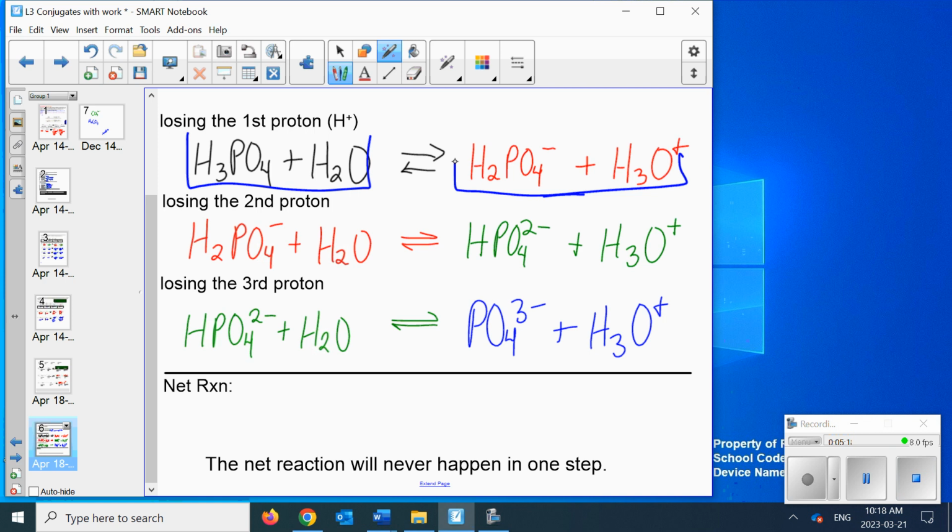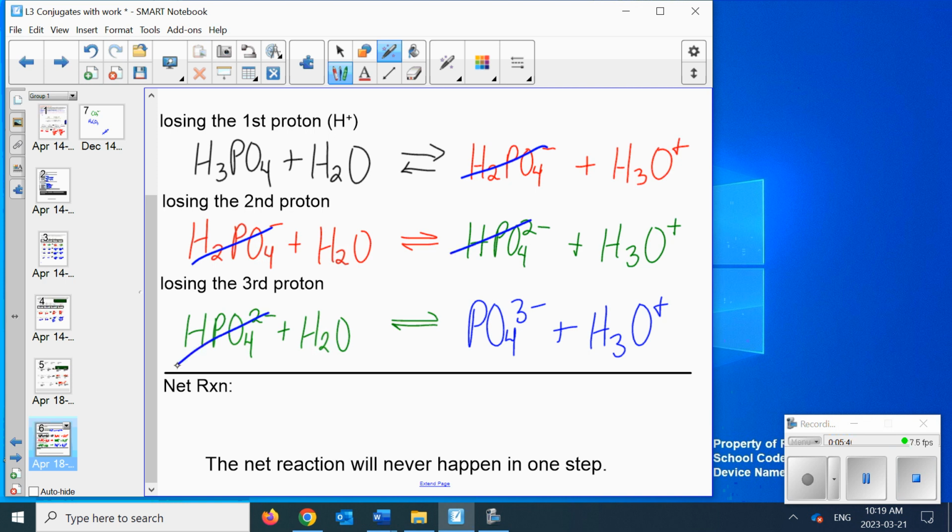But then this is used up over here. It's sort of like math. You've got an x on the left side of the equation and an x on the right side, you can cancel, right? Same with this. This is why I color coded this. It's easy to see those cancel out. None of the waters cancel out. None of the hydronium ions cancel out. You'll notice red and green cancel out.